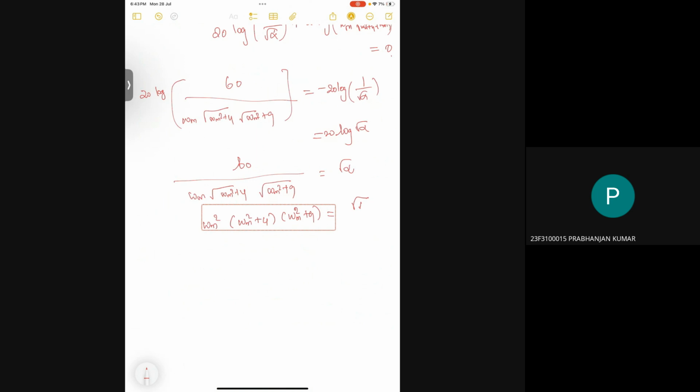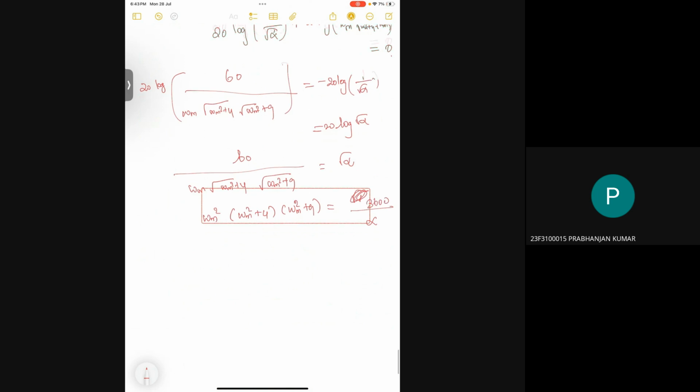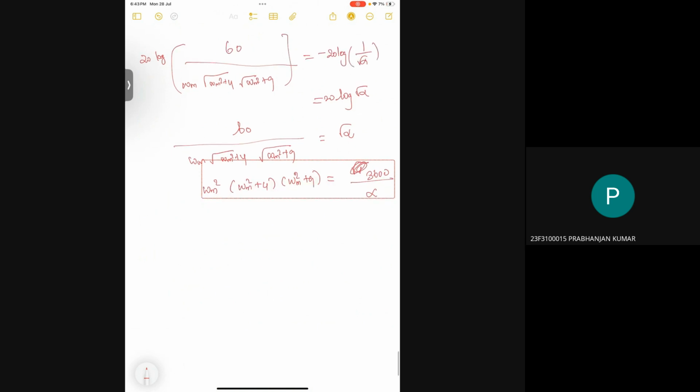So 60 will come here and alpha will also be inverted. So this will become 60 square, 3600, right? If I make any mistakes here, please let me know. I'm substituting the alpha value as 0.1 here. If I substitute 0.1 here, I have to add another 0 here.